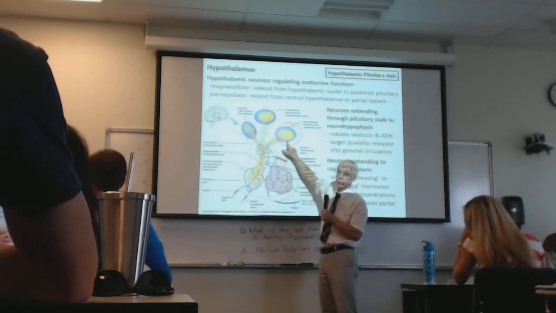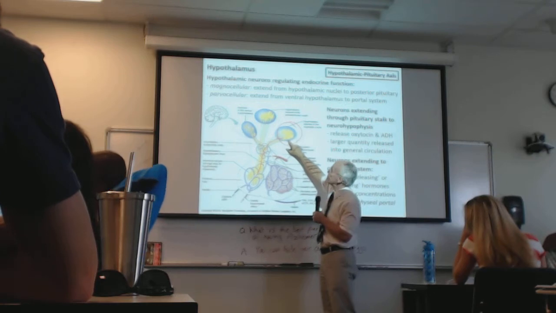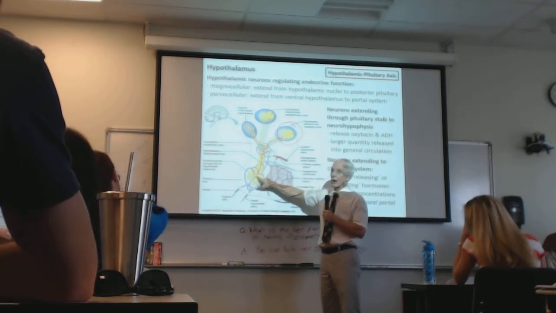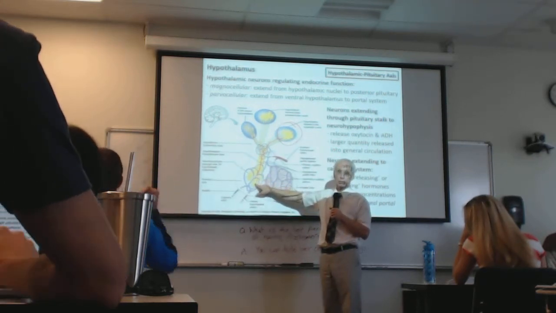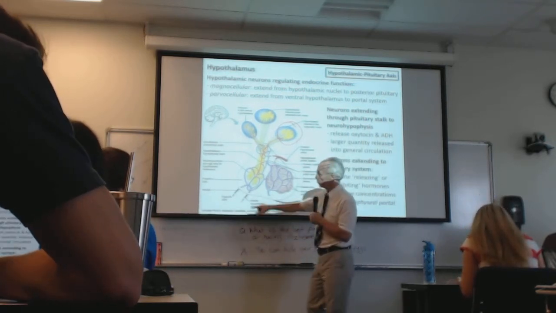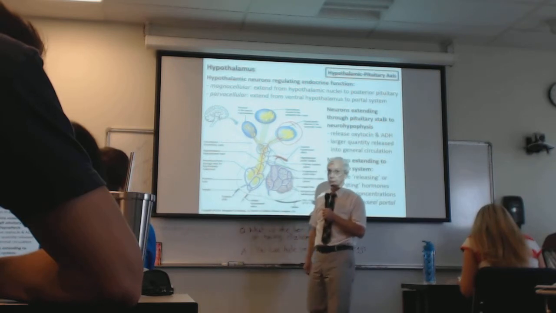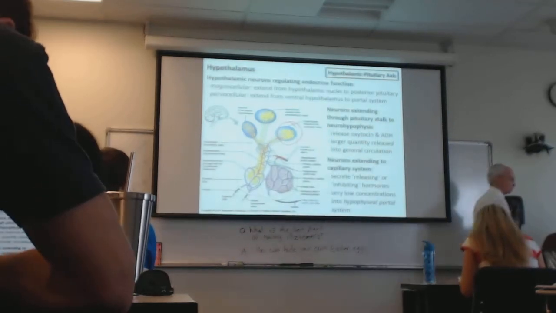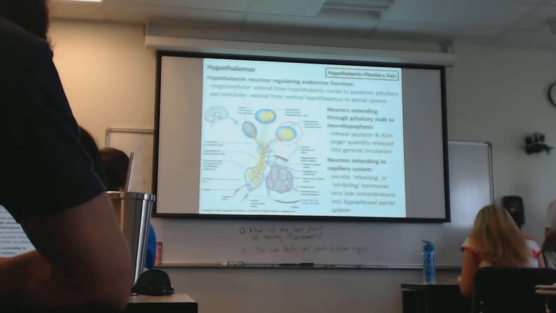These are neurons that release hormones, again, we call that neurocrine. They release their hormones directly into the general circulation. And there are only two of those hormones, oxytocin and ADH. That's the easy part.